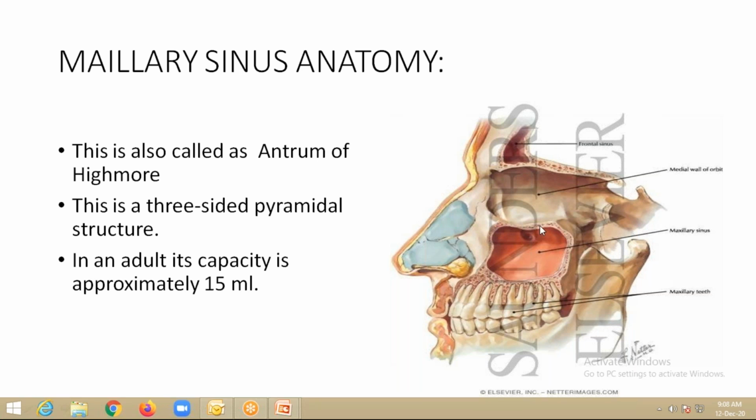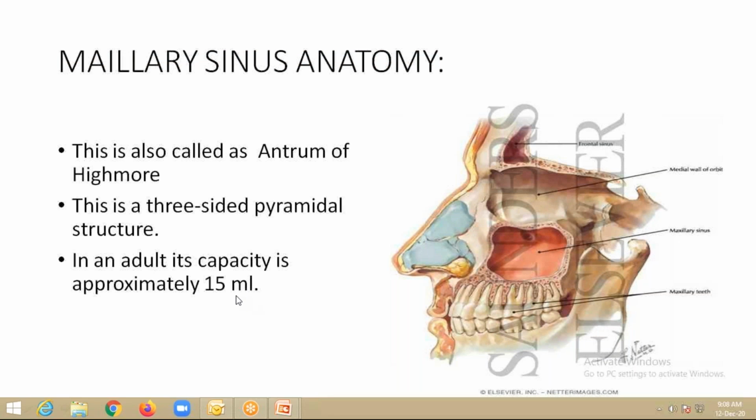Okay, so the upper border or the upper wall of the maxillary sinus forms the floor of the orbit, and this is a three-sided pyramidal structure, and the apex of this is directed towards the zygoma. So towards the zygoma, and in adults, its capacity is approximately 15 mL.